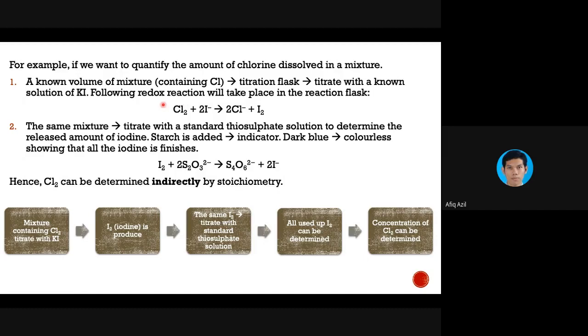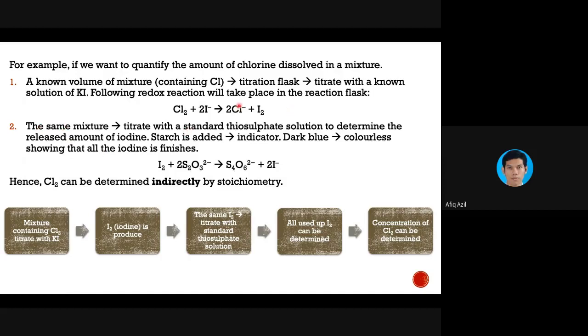The reaction is Cl2, chlorine, plus 2I minus forming 2Cl minus, the chloride, and also iodine. The iodide oxidation number goes from -1 to 0, so it is oxidized while the chlorine is reduced.